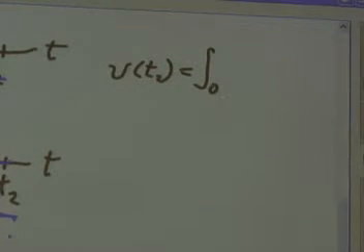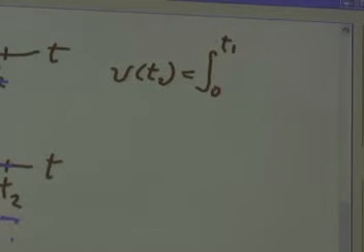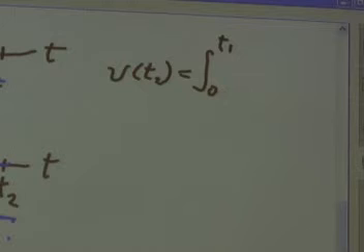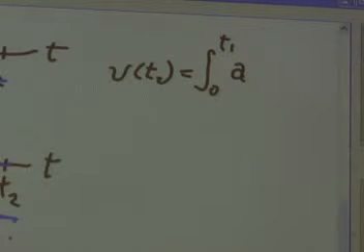The integral from 0 to t1. And during this part of the trip, our acceleration is equal to alpha.